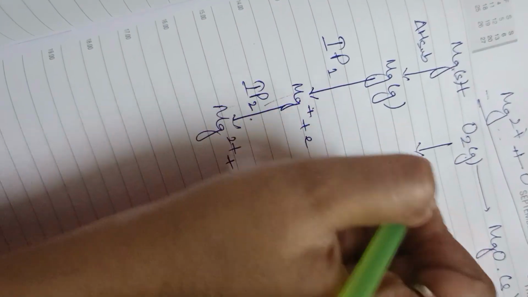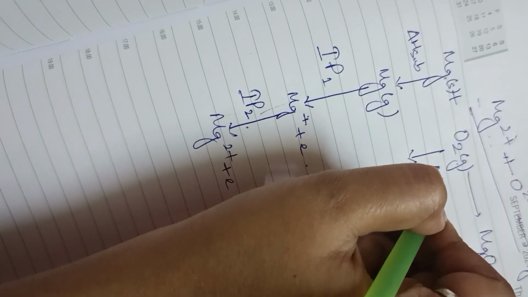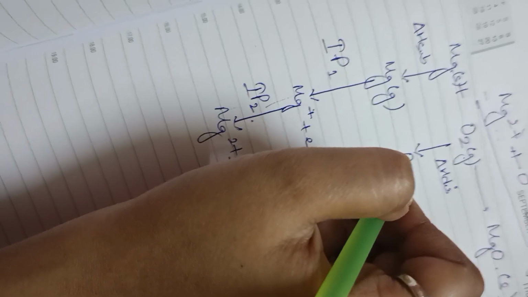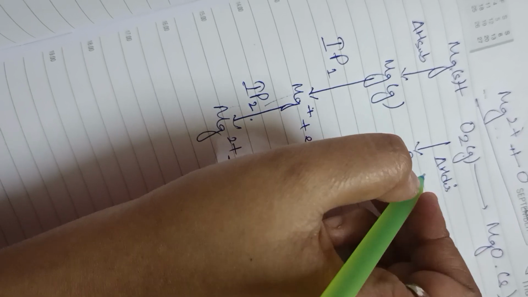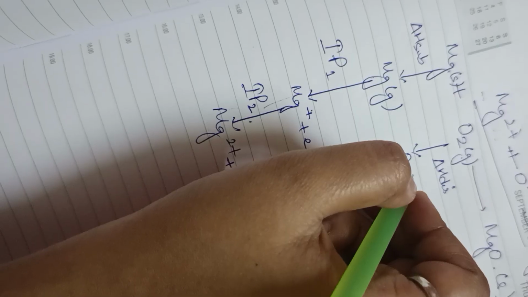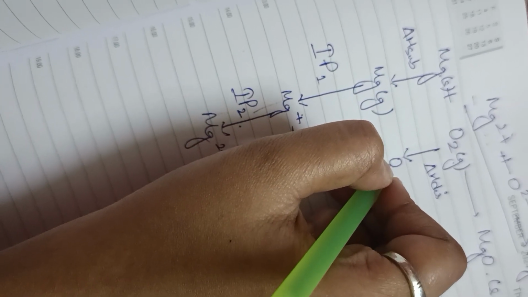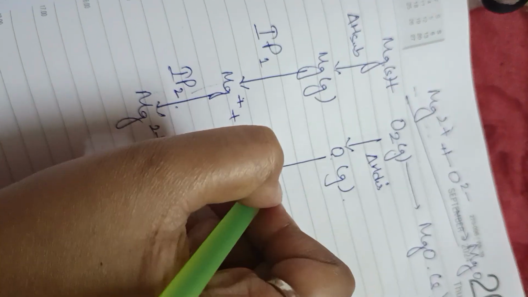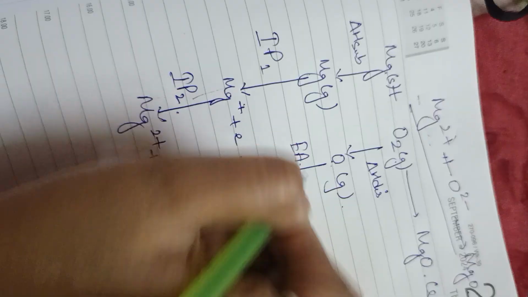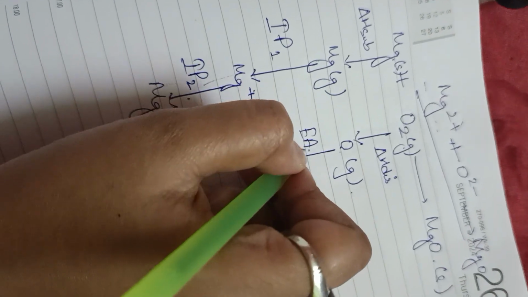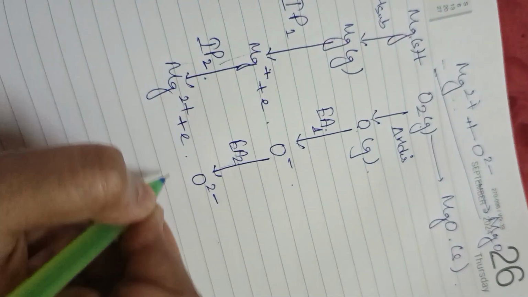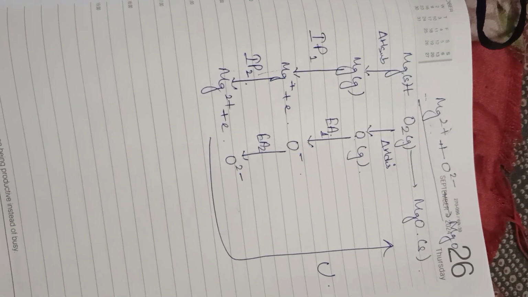Now oxygen you dissociate, so delta H dissociation, you get a single oxygen atom, and this is gaseous. Now you convert it with electron affinity, so you get oxygen minus. You do electron affinity 2, you get oxygen 2 minus. These two go to lattice energy. This is your magnesium oxide Born-Haber cycle.